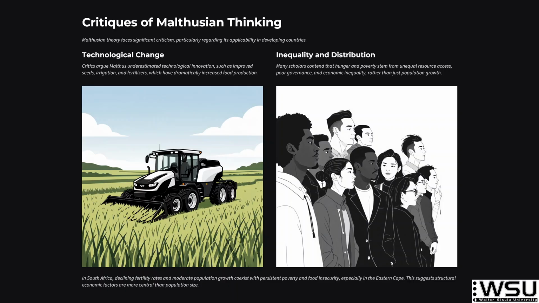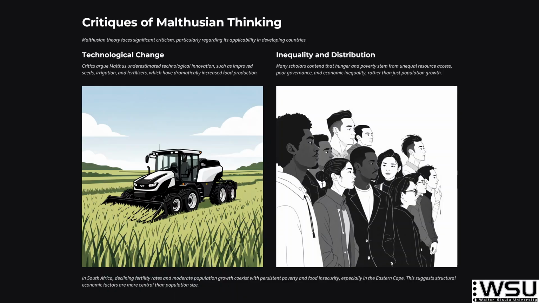Okay, but it is persistent with poverty and food insecurity, especially in the Eastern Cape. So it's not that there are high levels of fertility rates in South Africa that are causing all of these issues with food insecurity. It's not that. It's that we have a declining fertility rate. We had a stable population growth.